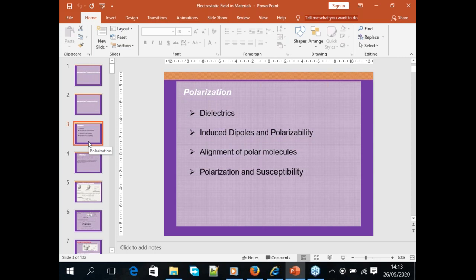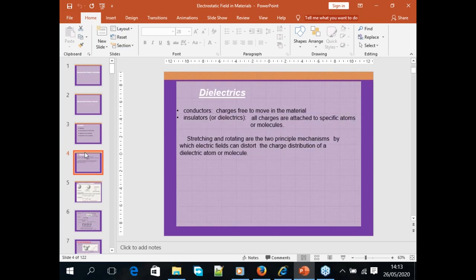Under polarization, we'll be looking at dielectrics, induced dipoles and polarizability, alignment of polar molecules, and polarization and susceptibility. We'll look at them one after the other. Now let's move ahead.